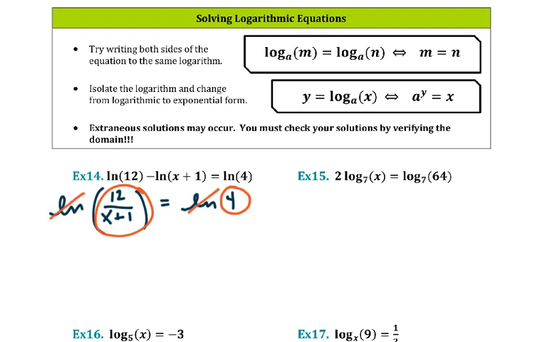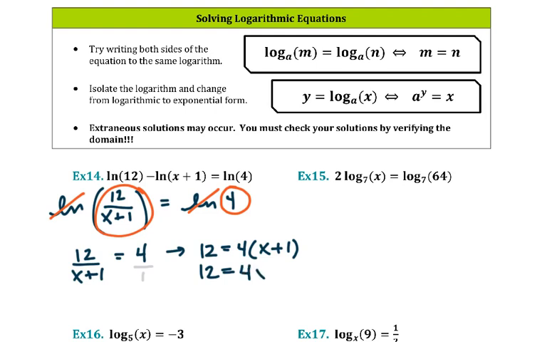And so then I'm faced with solving a rational equation. I've got 12 over x plus 1 equals 4. Keep in mind that 4 is over a little invisible 1, so we can cross multiply, and I'll get 12 equals 4 times x plus 1. 12 equals 4x plus 4. Subtract the 4, you get 8 equals 4x.